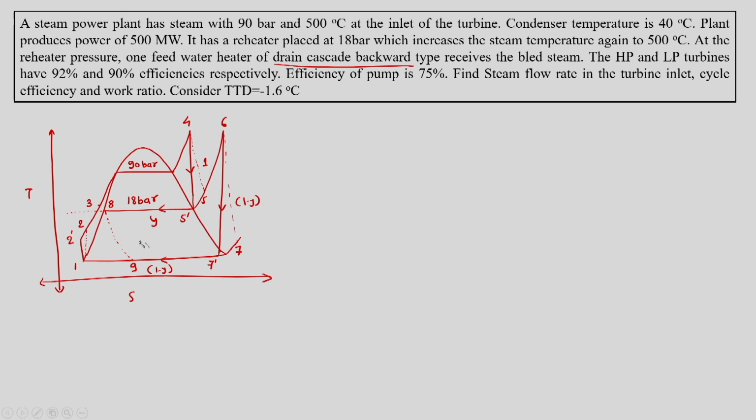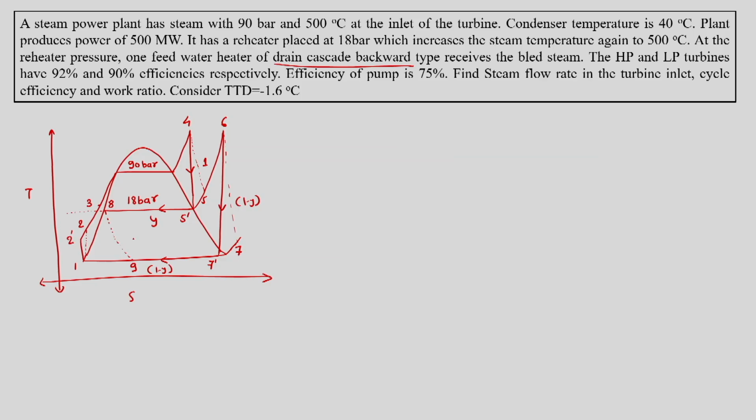So, if we look into the steam table and find out the saturation pressure corresponding to 40 degree Celsius, it turns out to be 7.38 kPa. So, these are the given things with us. We can find out from steam table H1, and H1 is 167.57 kilojoule per kg.